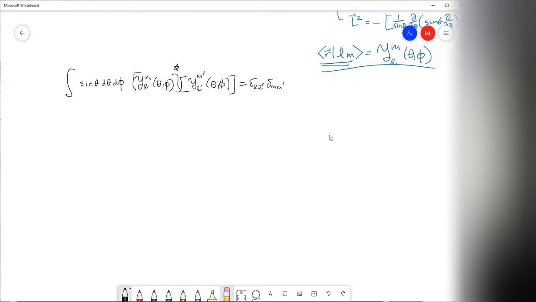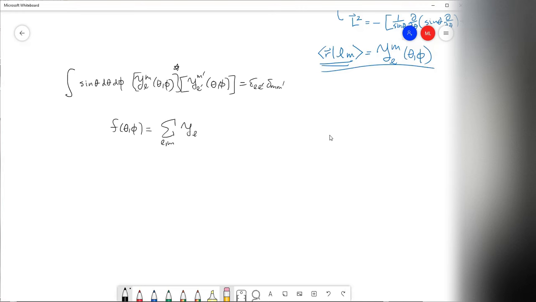So they're normalized like that. And again, you could expand any function of theta and phi, as I said, in a basis of spherical harmonics.